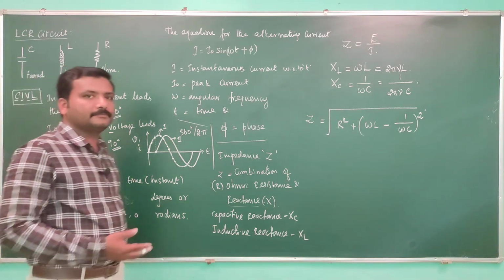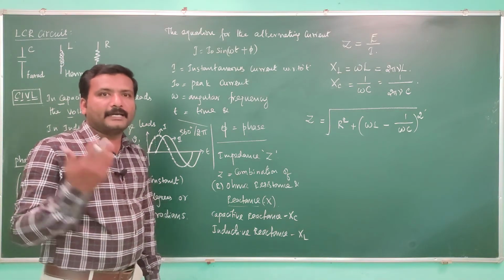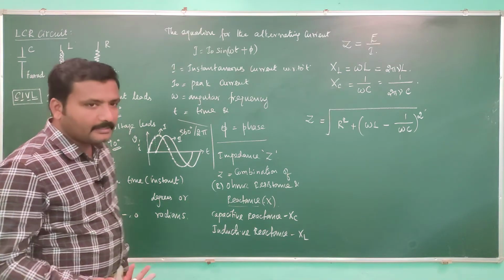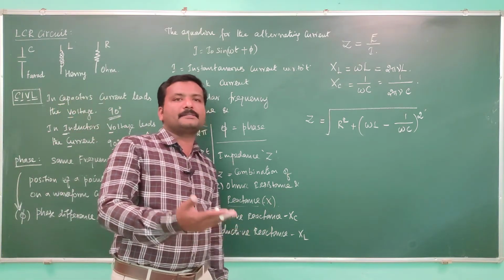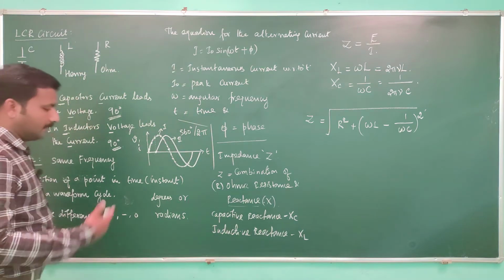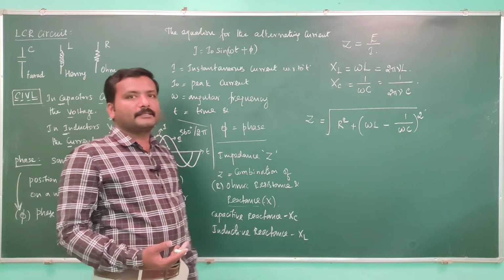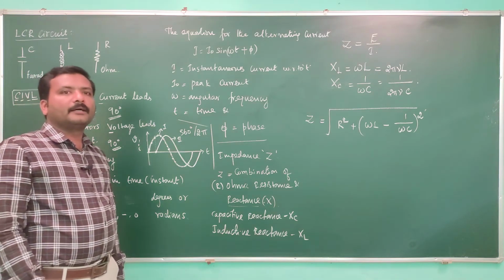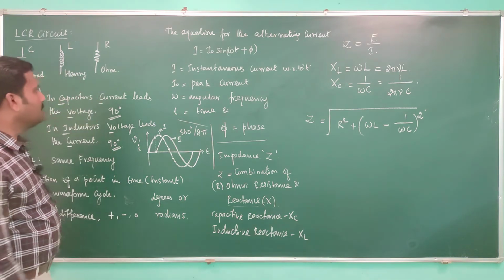In a nutshell, the direct current is controlled by the resistive component, whereas alternating current is controlled by the inductor, capacitor and resistor. In an LCR circuit, the input EMF may lead or lag behind the output current.